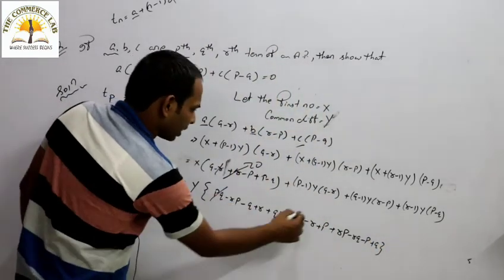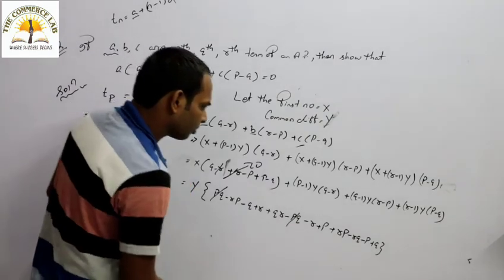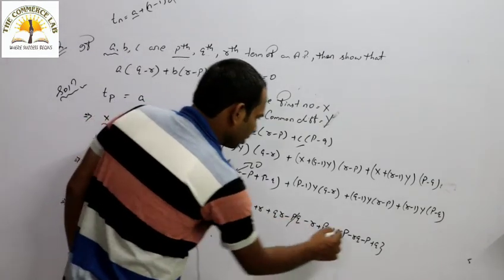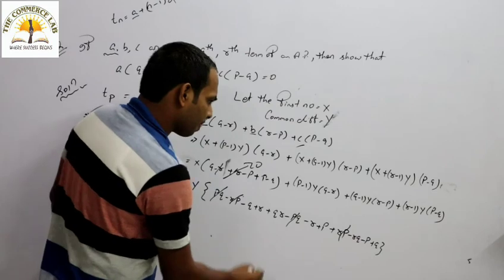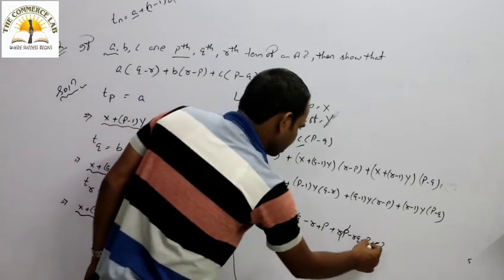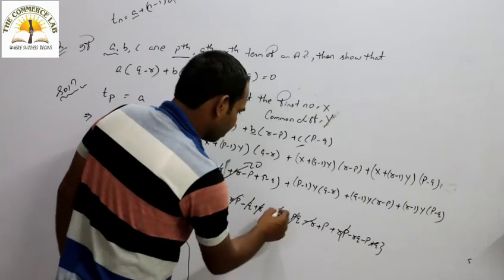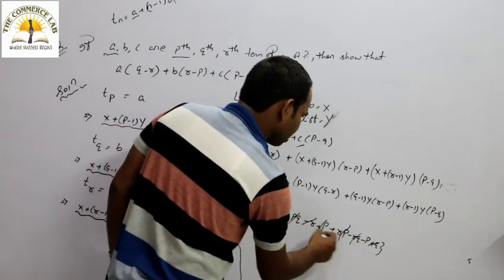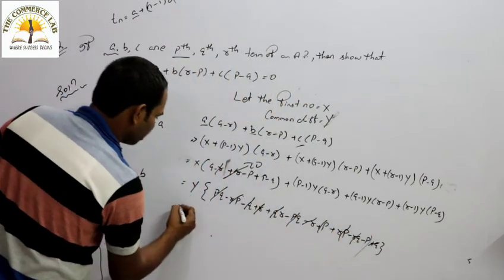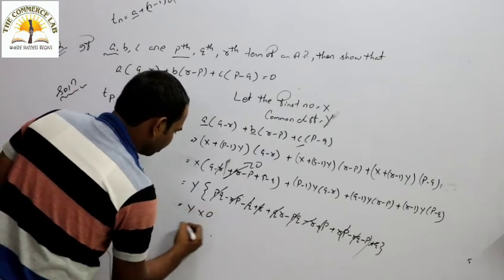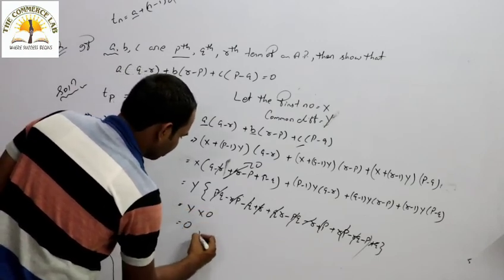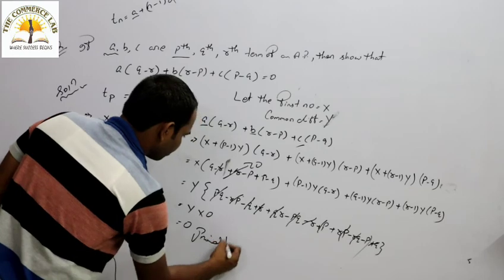So pq get cancelled, minus rp plus rp cancelled, minus q plus q cancelled, plus r minus r cancelled, plus qr minus qr cancelled, plus p minus p cancelled. So this is your y into 0. So proved.